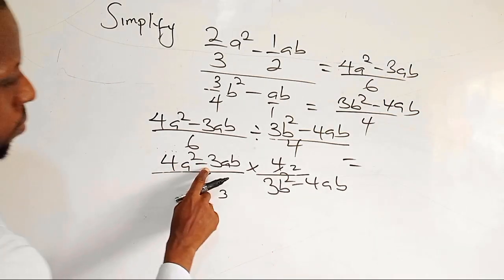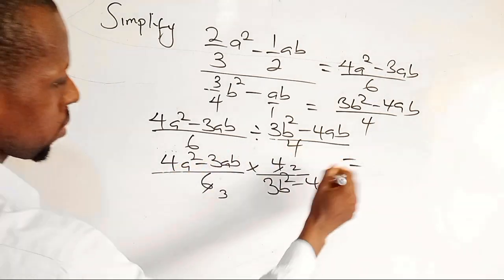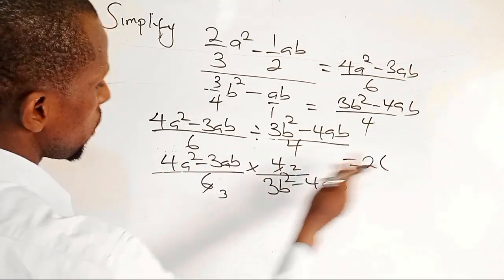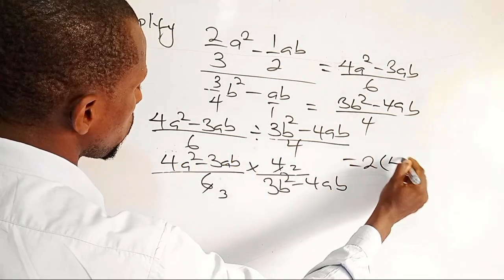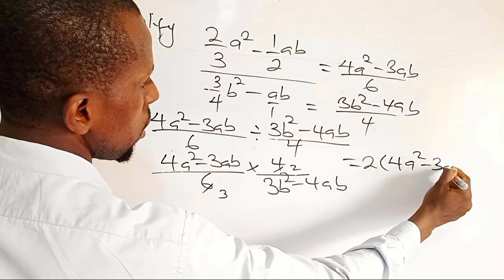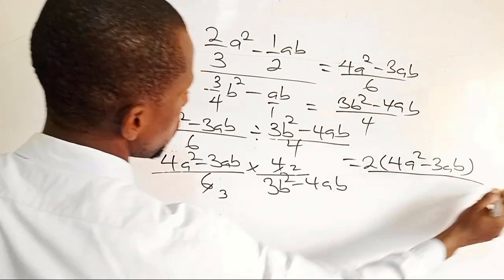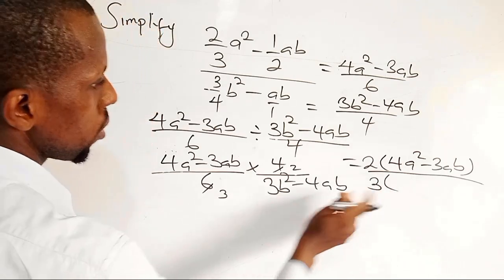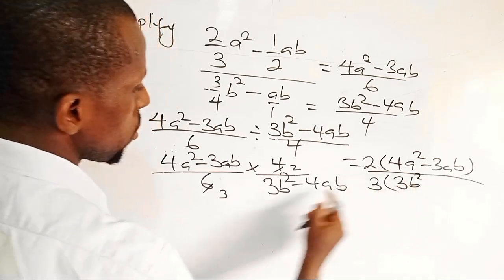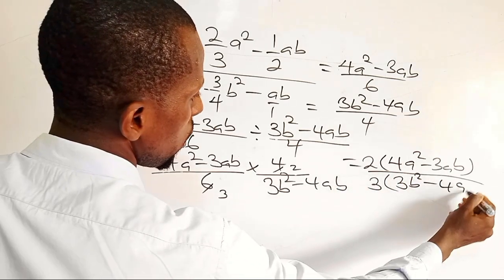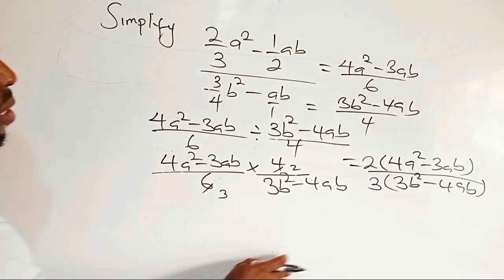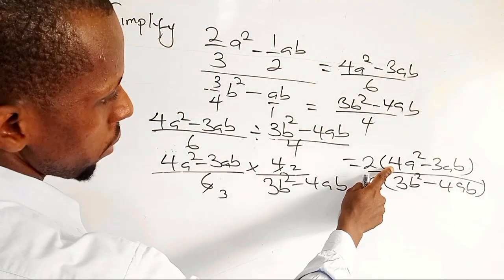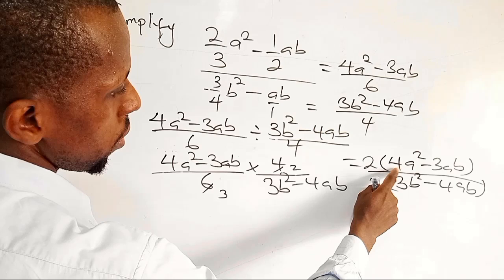So I can write this as 2 times 4a squared minus 3ab, divided by 3, do not forget, 3 into 3b squared minus 4ab.